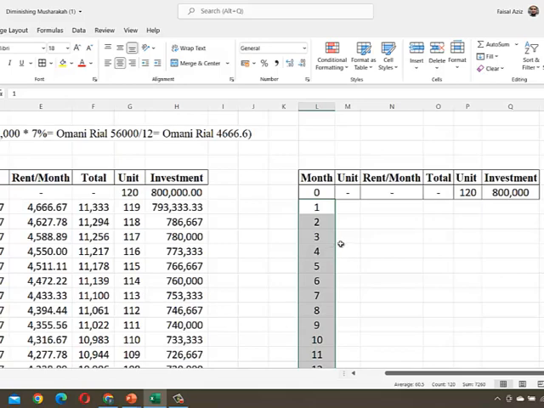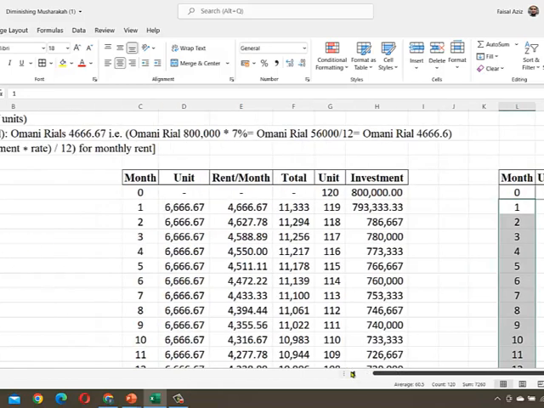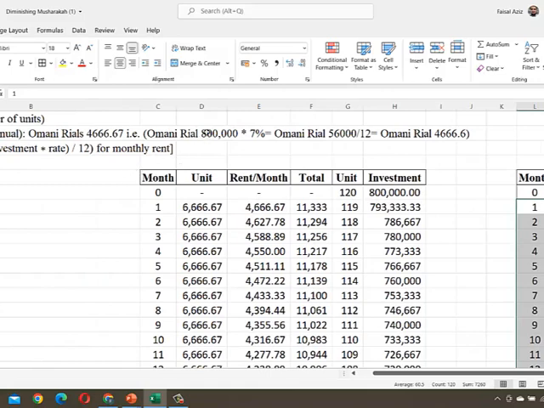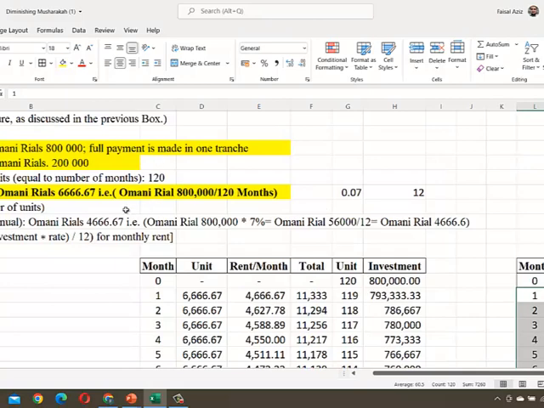Now the unit price we have already calculated by dividing the bank share by 120, and we got that the unit price every month will be the same.